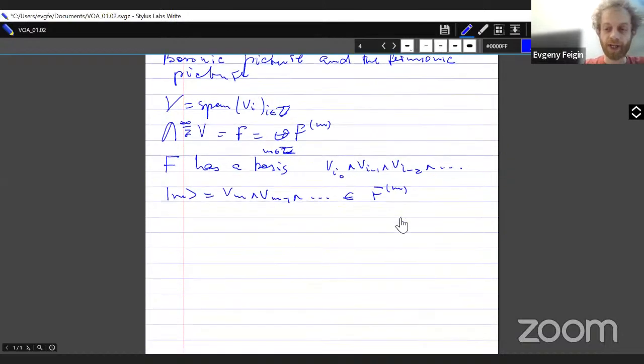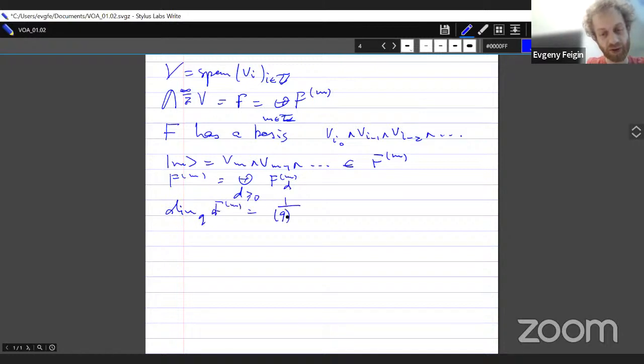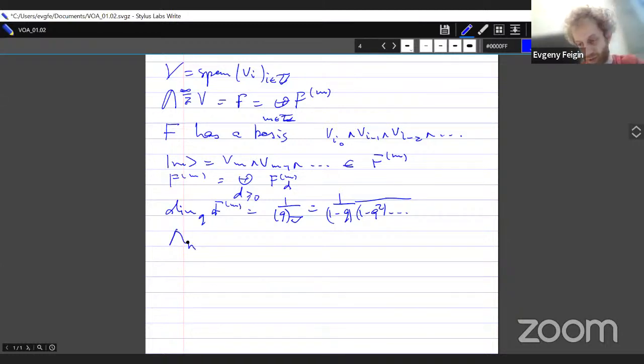Then we saw that F_m has a charge decomposition, and each F_{m,j} is finite dimensional, with q-dimension 1 over q-infinity.